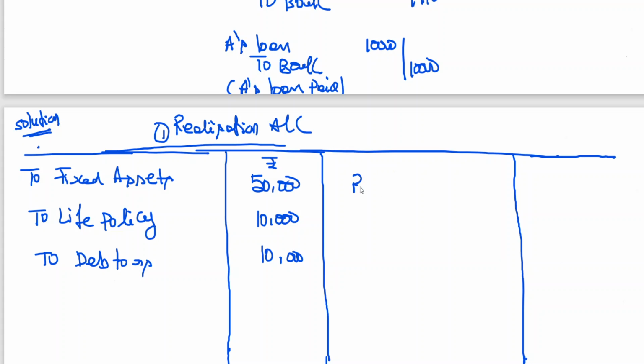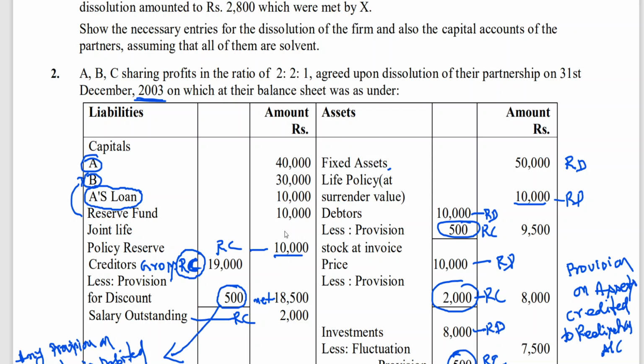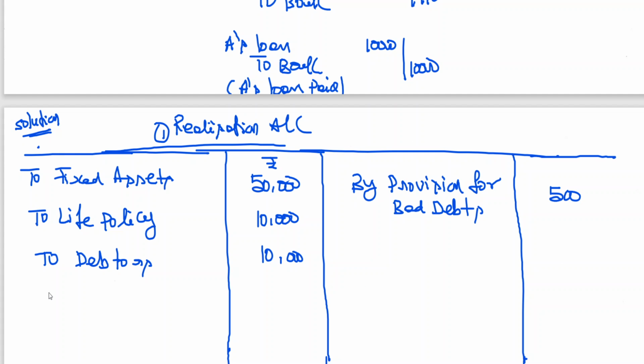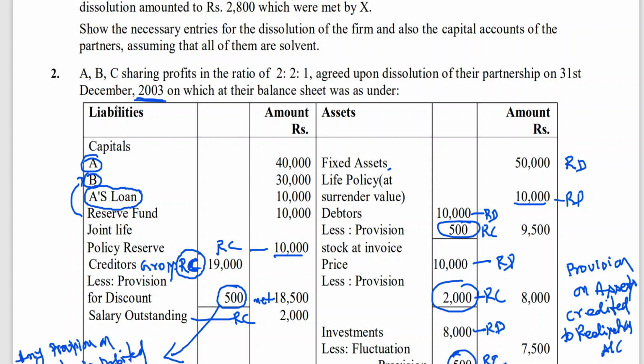And then by provision for bad debts, 500. Then stock 10,000. By provision for stock, 2,000.